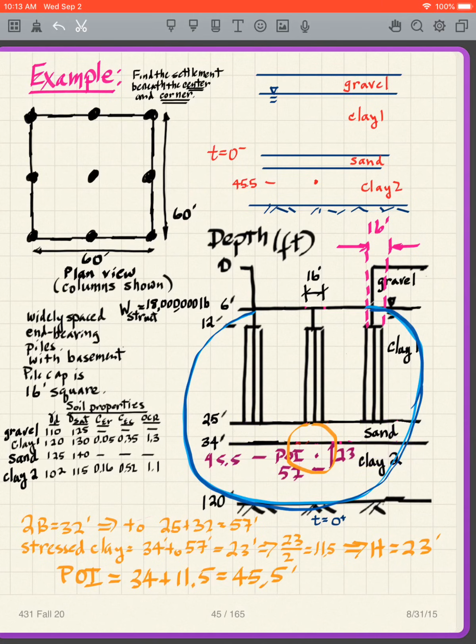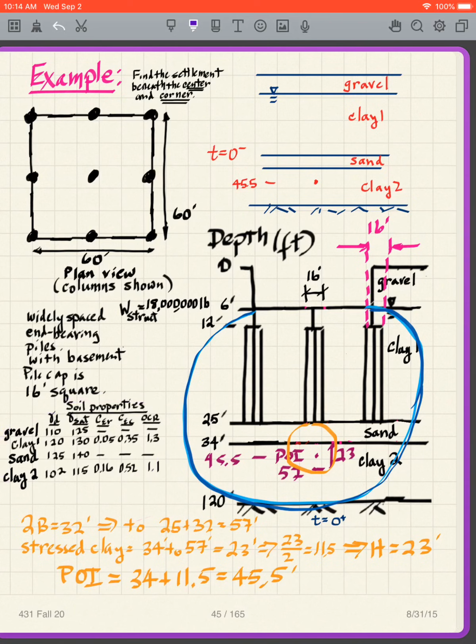So our point of interest is going to remain at 45.5 feet, and we need to investigate the effect of both the load due to the column and the effect of having the basement at that point. So okay, the soil properties are given here.